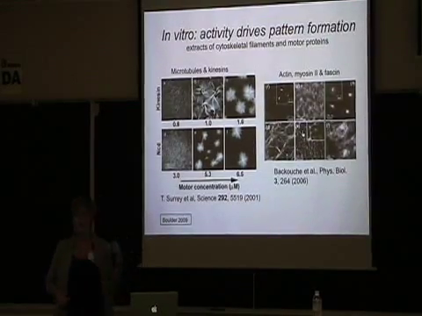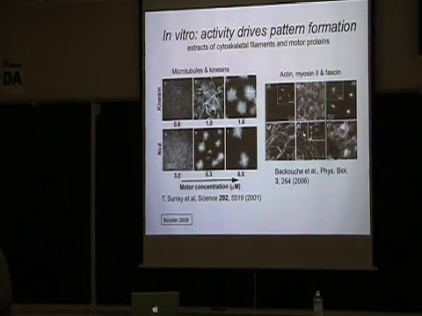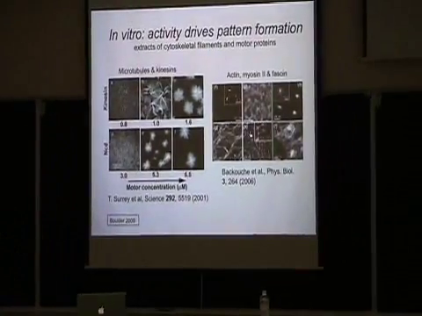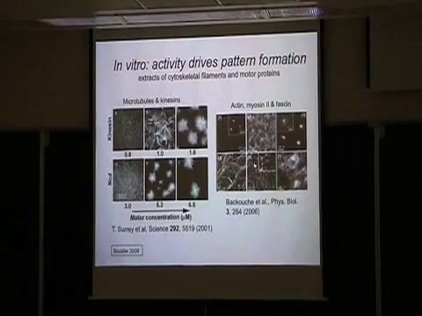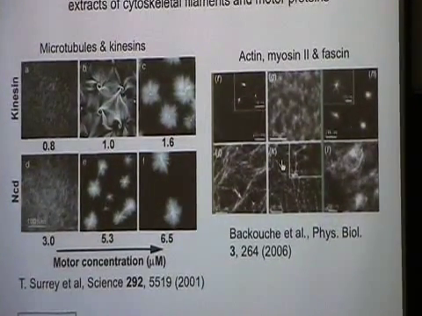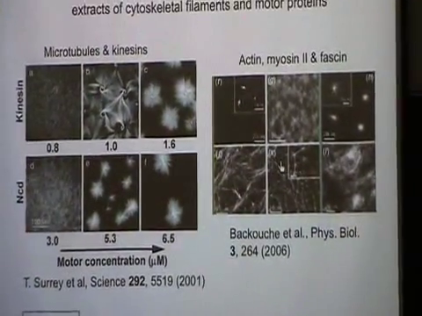Now, in vitro, you make a suspension of just, say, actin filaments with the corresponding motor, which is myosin, or microtubules, whose corresponding motor is kinesin.